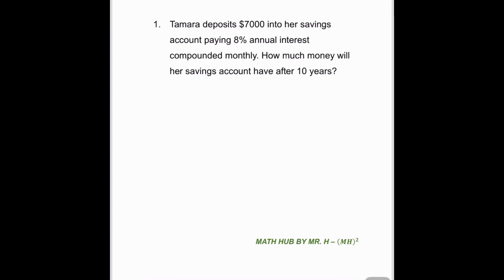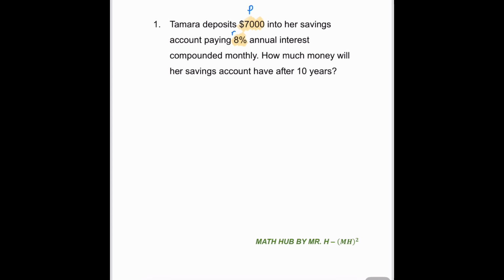All right. So basically, for this question, we were given the present value or the principal amount, which is $7,000. So that is our present value or the P. Also, we were given the interest rate, which is 8%. So that's our r.